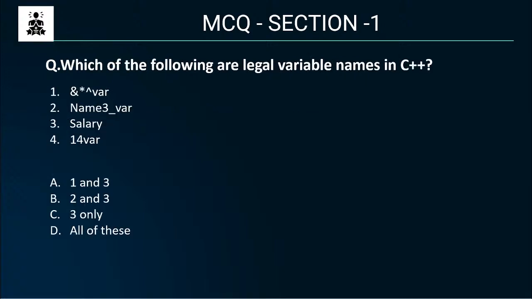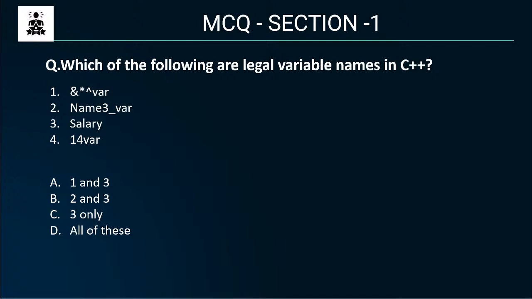Which of the following are legal variable names in C++? You have already covered these things in C programming as well. So what will be the answer of this question? You can't declare any name with a special character at the start, or a numerical value.